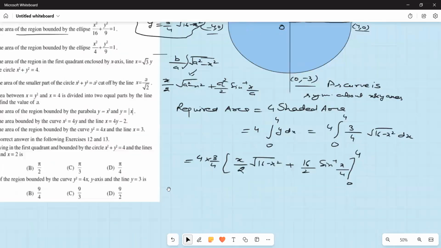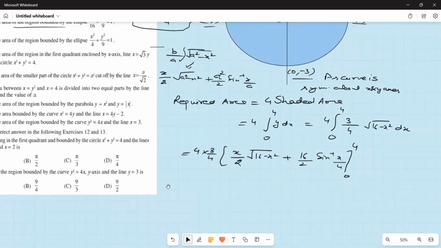Right? So a square by 2 will get 8. This 4 and 4 is cancelled. So this is 3. Now if I put 4, 16 minus 16 will get 0 here.